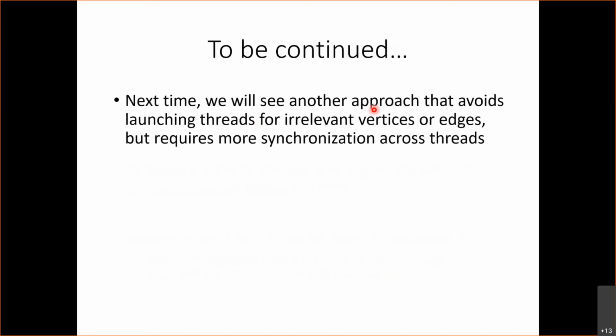This is going to reduce the amount of redundant work. But because we need to construct these frontiers, it's going to require more synchronization across threads. So there's going to be a trade-off between parallelism and avoiding synchronization, and reducing redundant work. We will look at this trade-off next time.